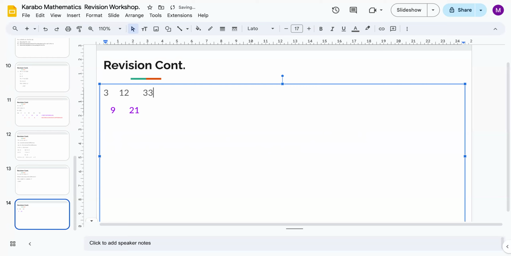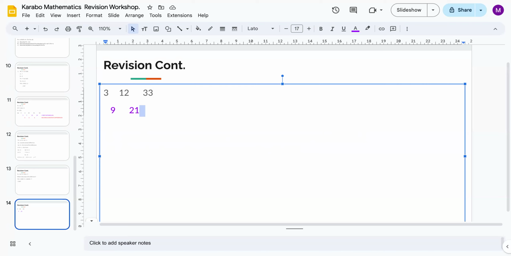Okay, so we have 3 terms so far, but they're asking me to derive the fifth term, what the value of T5 is. Now, the information that I have is enough to derive all the terms until infinity, because I have the first difference, and I have the actual term itself. From the first difference, I can derive the second difference. So I know the difference between 9 and 21.